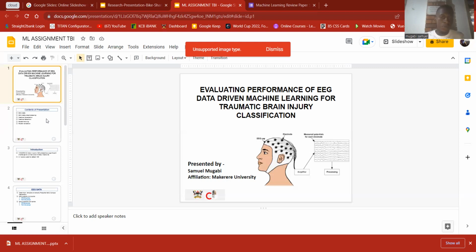So we're going to be using a machine learning model to tell whether a person has traumatic brain injury, or they are normal, or they have stroke. 3 classifications: traumatic brain injury, normal, or stroke.